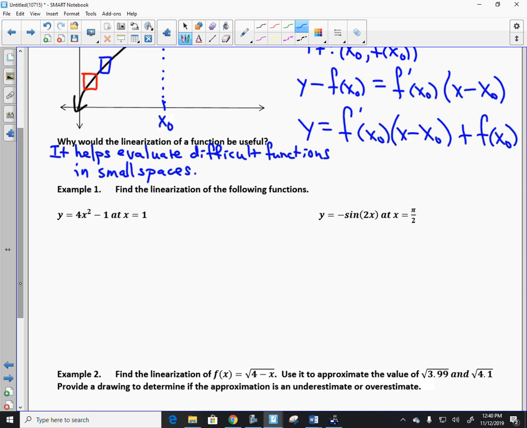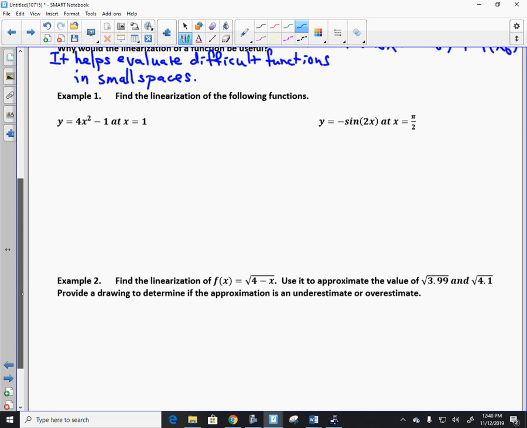So the first thing we're going to do is find the linearization of two functions, and then we're going to apply it to a problem. And so all we have to do is get through example 2, and you'll be done for the day.